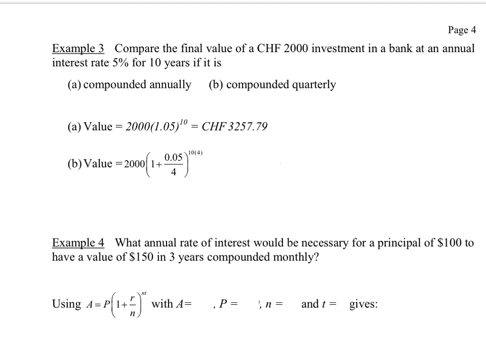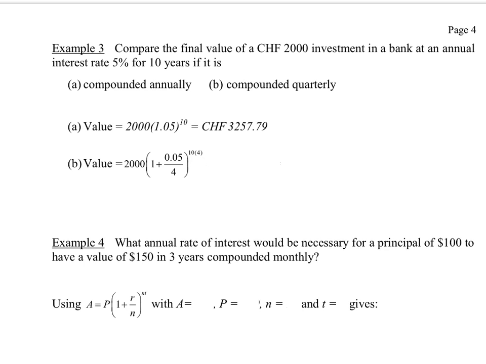Now, notice what's happened. The 0.05 is the interest rate as a decimal. We have to divide it by 4 because there are 4 quarters in a year. And instead of just 10 years, we would have 40 quarters in those 10 years, 10 times 4.